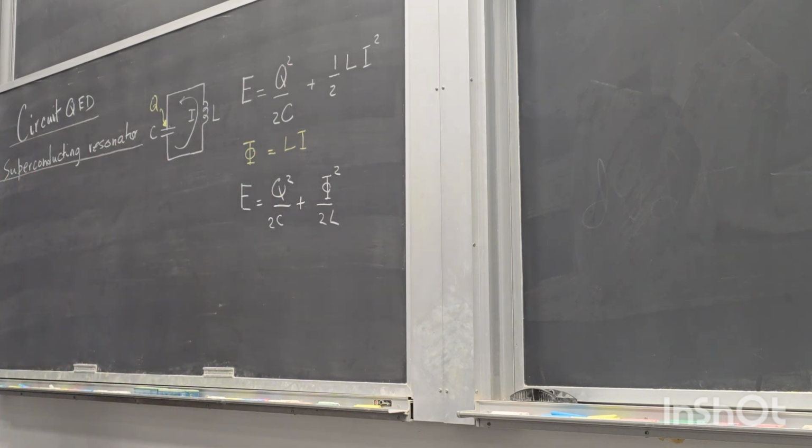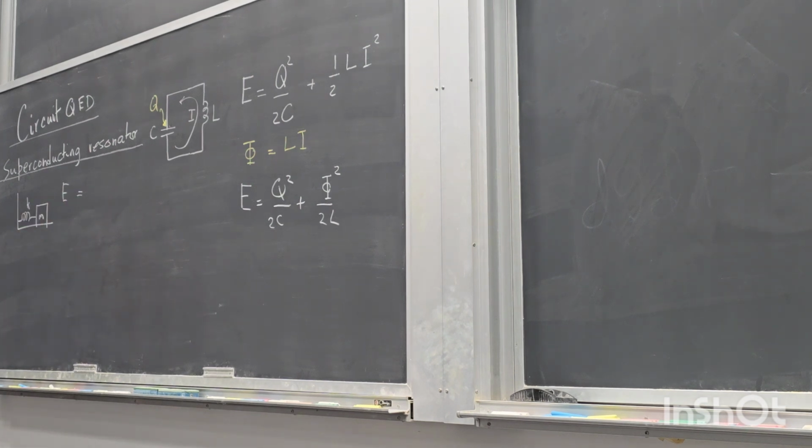Alright. Now if you compare this expression for the energy with a mass attached to a spring constant K, what's the energy inside this mass spring system? There's some potential energy and some kinetic energy.